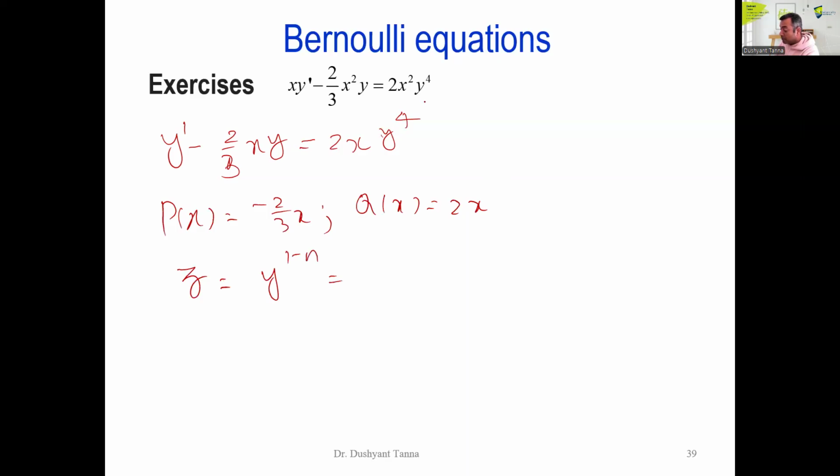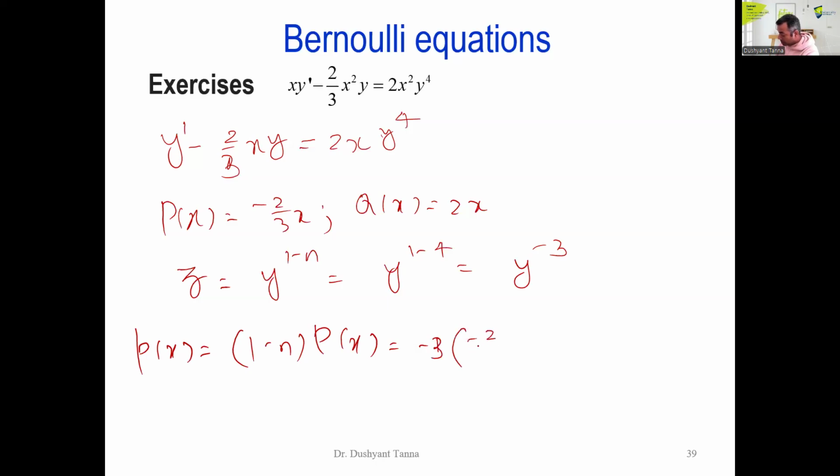And my z, 1 minus n being 4, 1 minus 4, y power minus 3. Now I'll go with small px, which was 1 minus n times capital Px. So that's like minus 3 times minus 2/3 x.